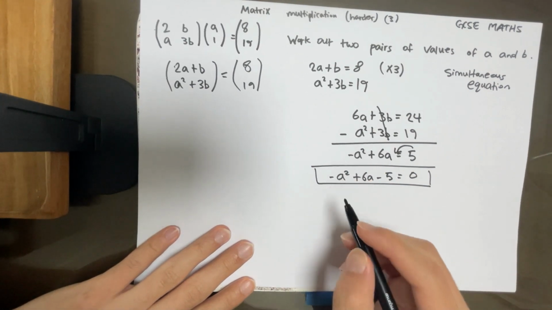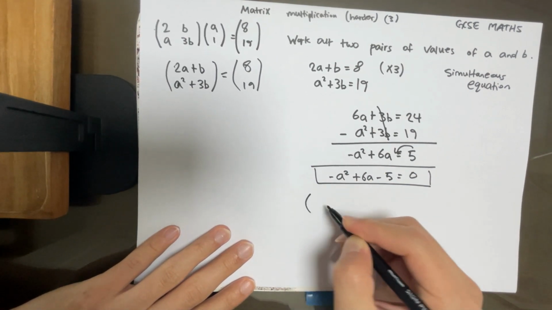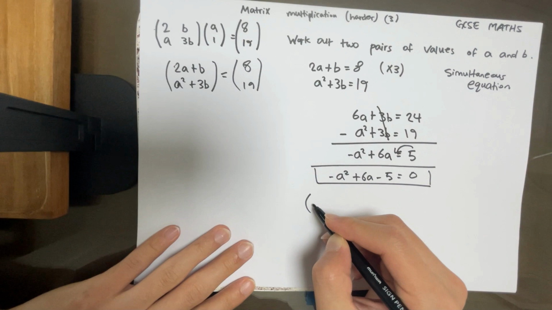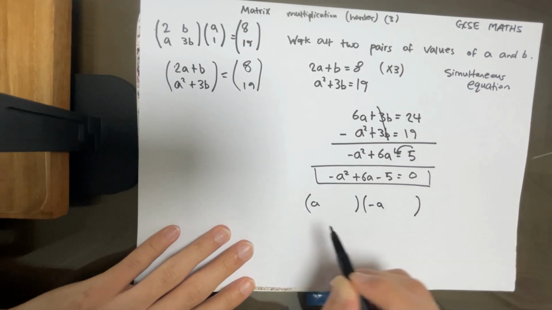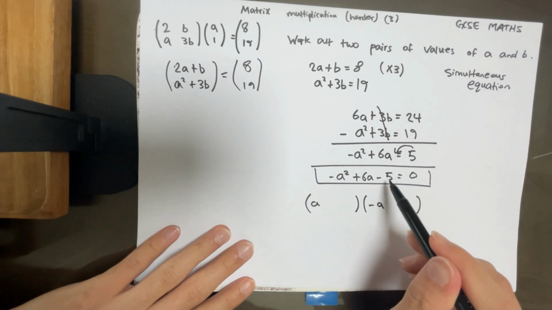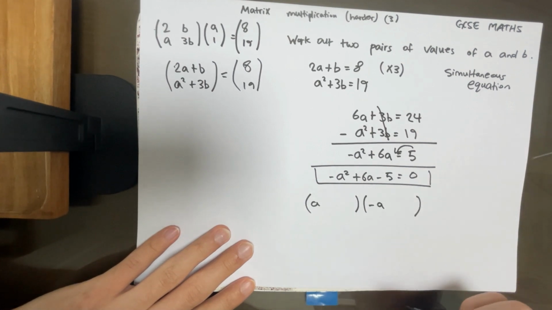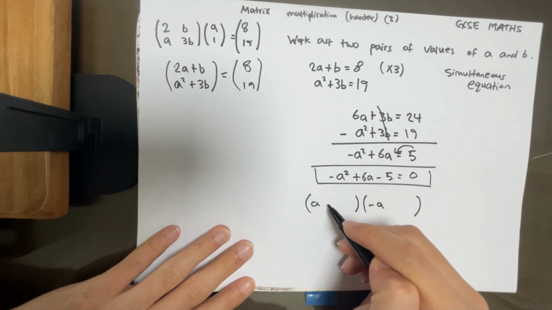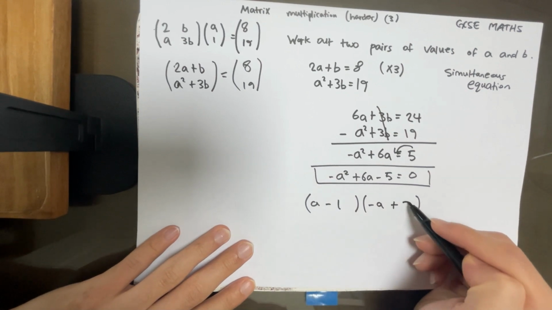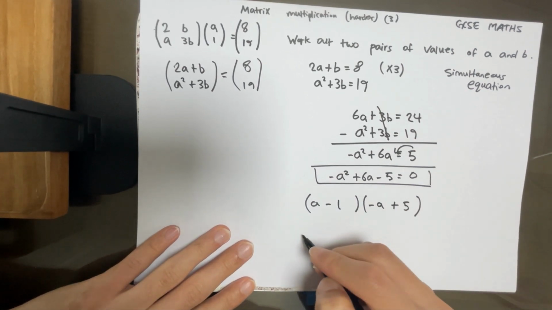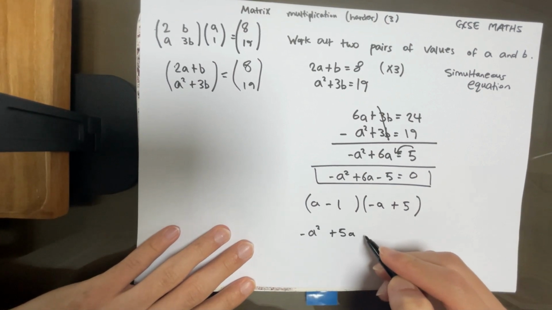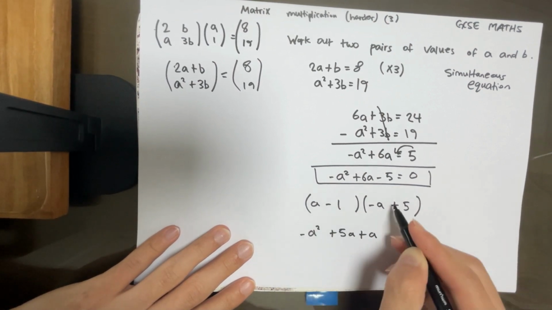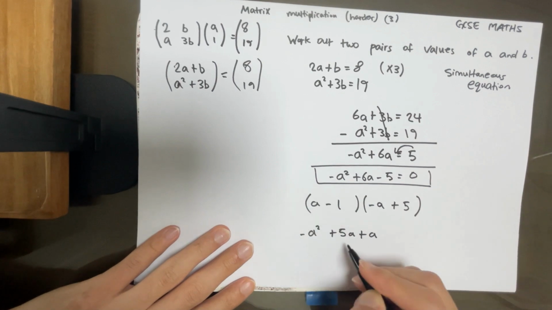Now minus a squared is going to be a and minus a. And we just need to make sure that these multiply to make 5 and add up to make 6. So I think minus 1 and 5 should work. Let's see if it works. Minus a squared plus 5a plus a minus a squared. 5 times a is 5a.